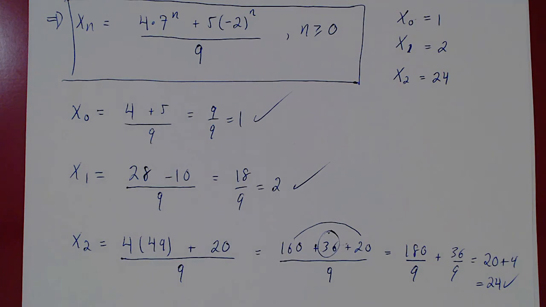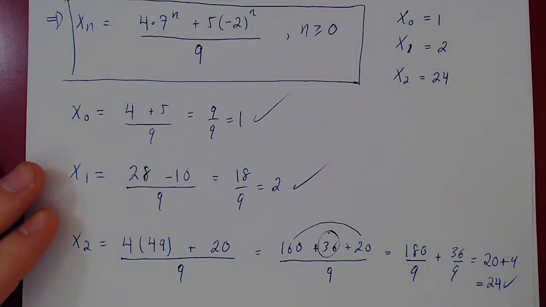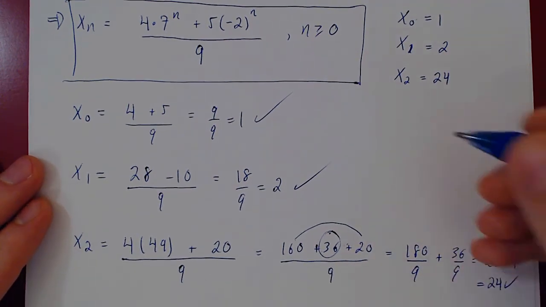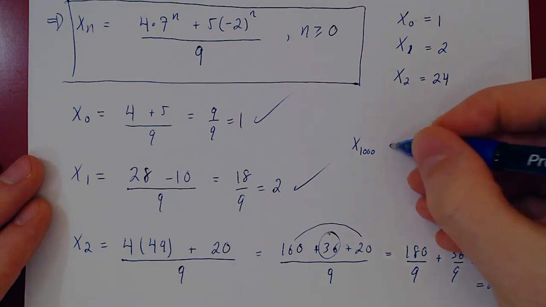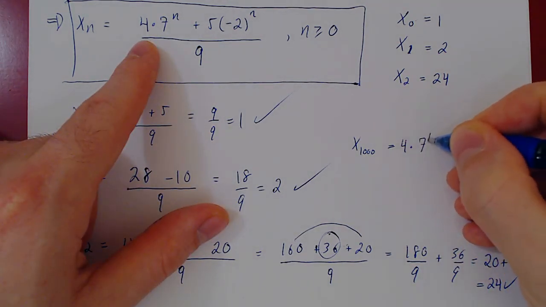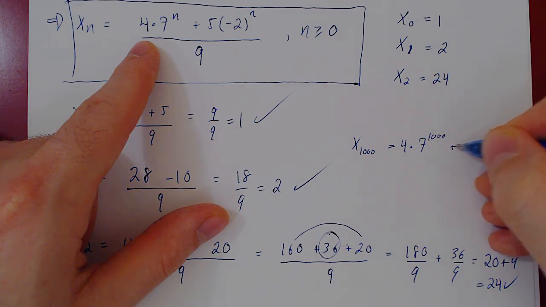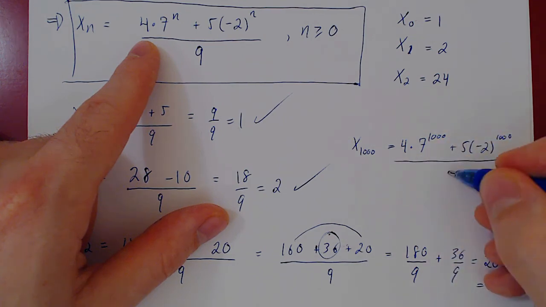So now, if I said what is the 1000th term of the sequence, you no longer have to do, okay, I'll find x3, then I'll find x4, x5, up to the 1000th term. All you got to do is say, well, x1000 would simply be 4 times 7 to the 1000 plus 5 times negative 2 to the 1000, all over 9.